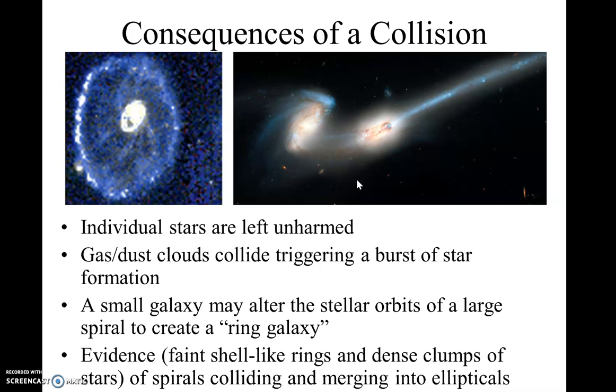As the two galaxies get close to each other, the trajectory of the individual stars will be altered by the gravitational influence of the other galaxy, and vice versa. There's this mutual disruption in the ordinary motion of stars within the galaxy when two galaxies collide, or even come close to each other.